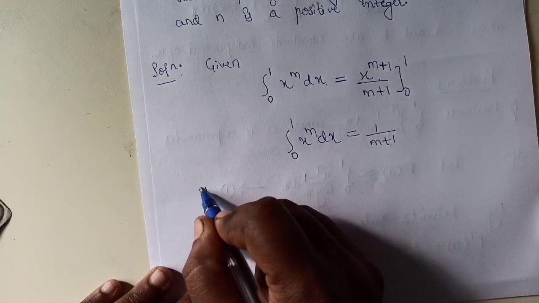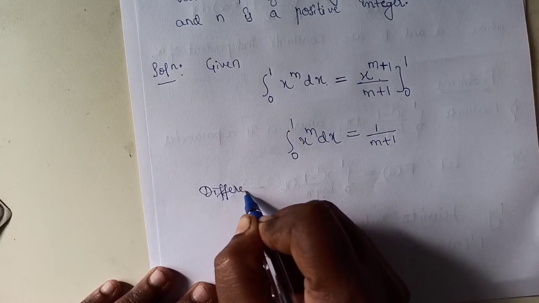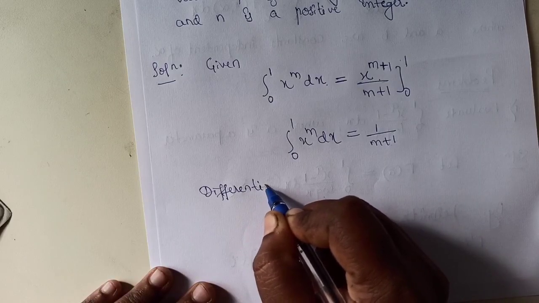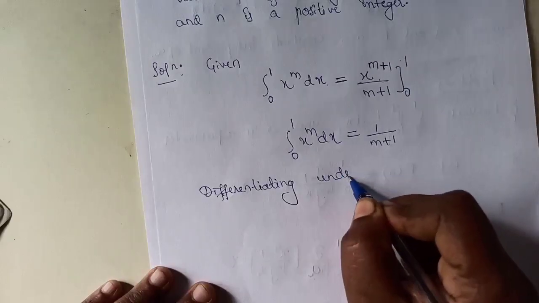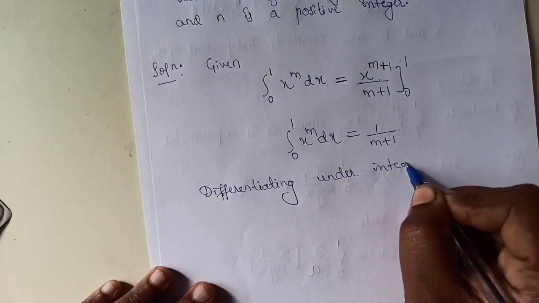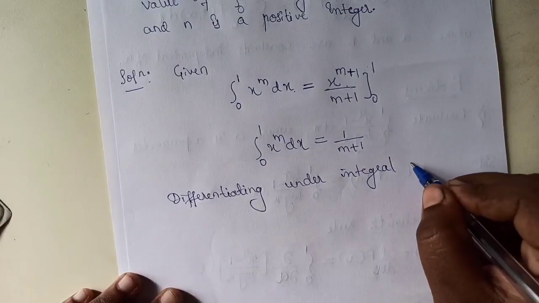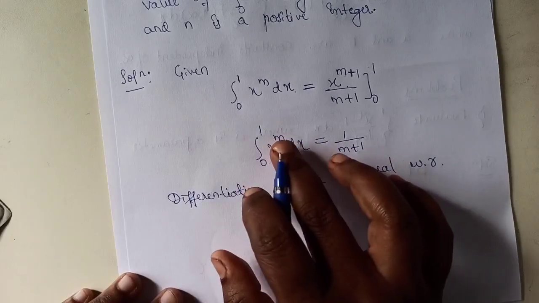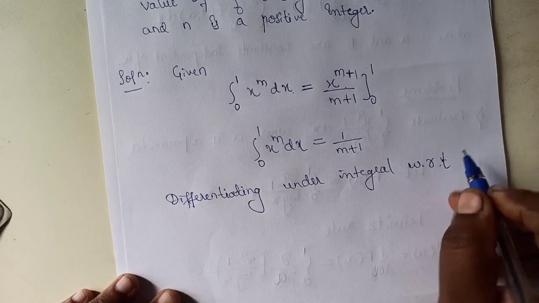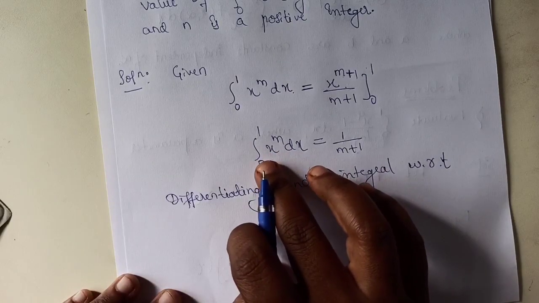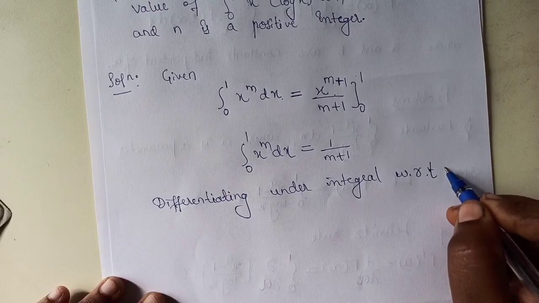Differentiating under the integral sign with respect to m, because here m is a parameter, x is a variable, so always we differentiate with respect to the parameter only, with respect to m.